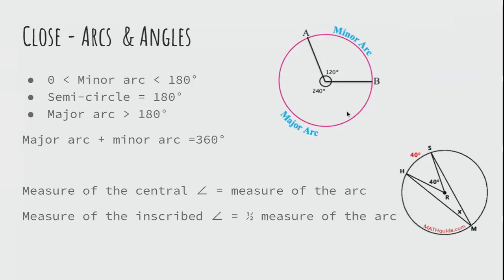When we talk about inscribed angles and central angles, the central angle is HRS because it has its vertex at the center of the circle. It is 40 degrees.